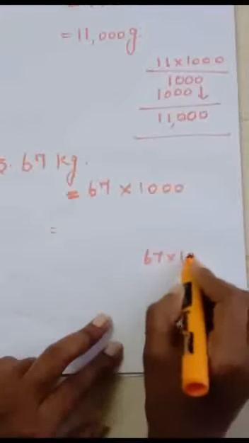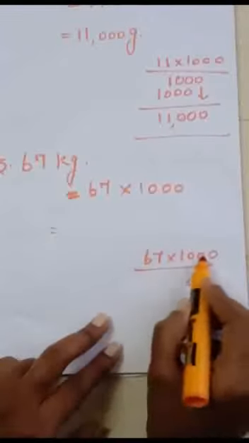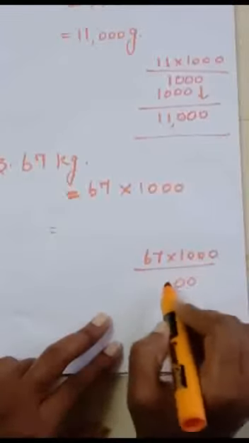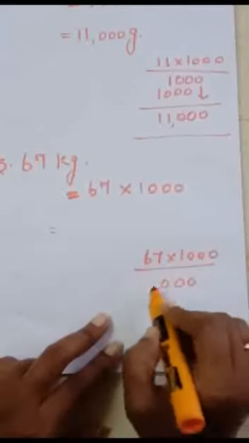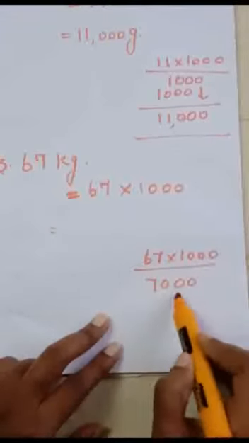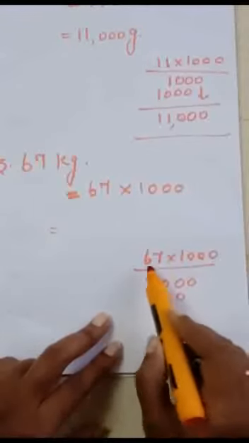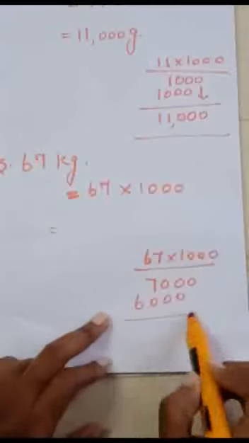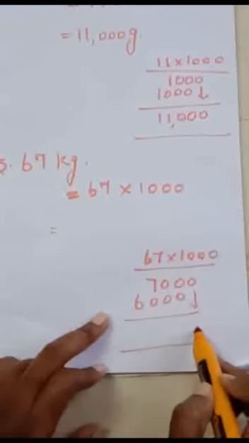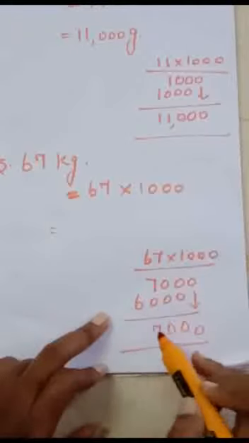67 into 1000, right? 7 into 0 0, 7 into 0 0, 7 into 0 0, and 7 ones are 7, right? Now 6 into 0 0, 6 into 0 0, again 6 into 0 0, 6 ones are 6. So finally the answer: 0 0 0, 7 plus 0 is 7, and 6.